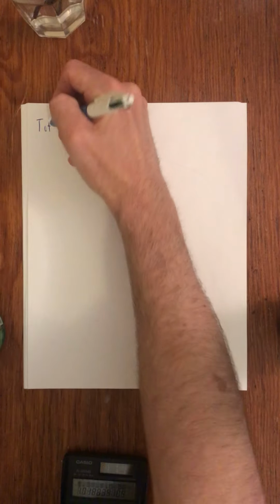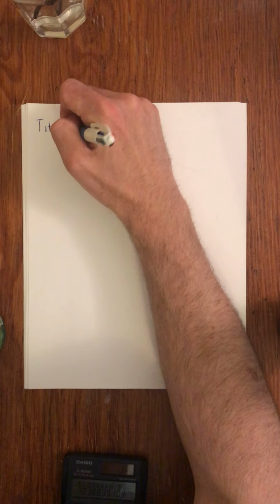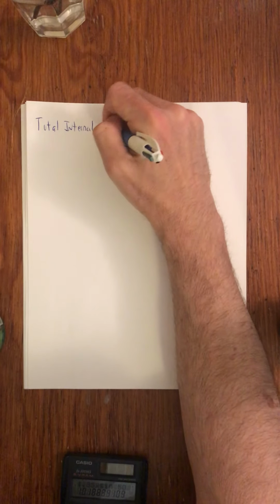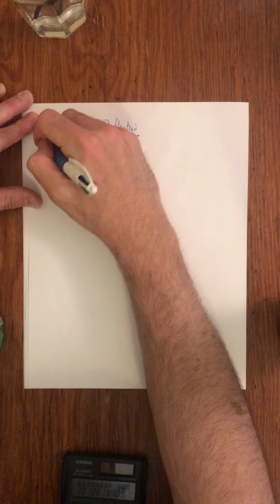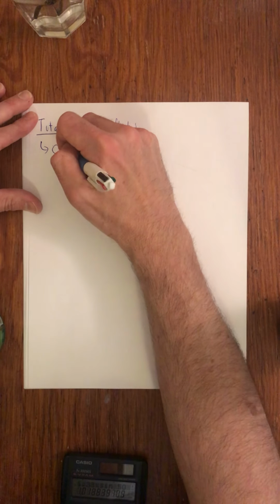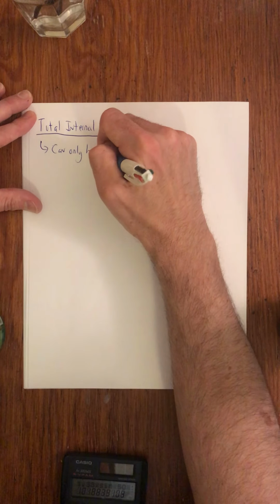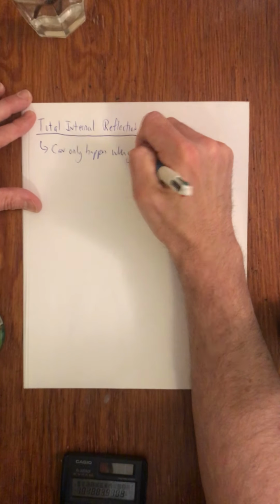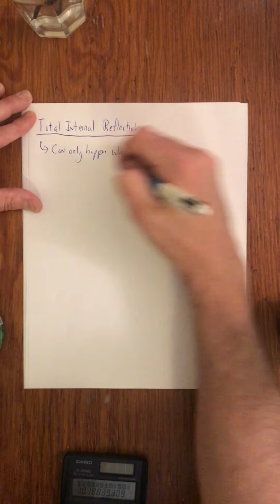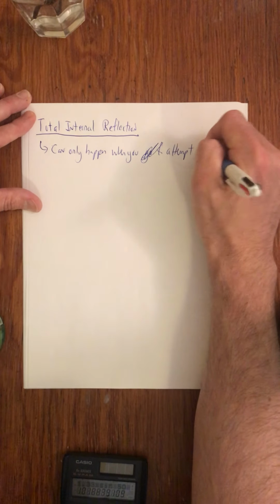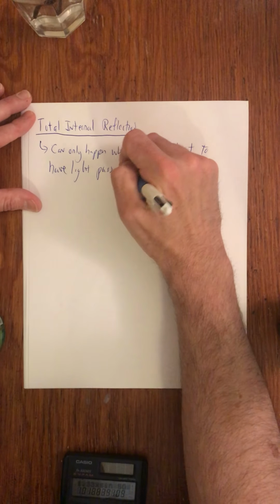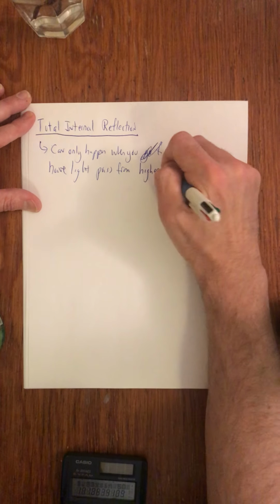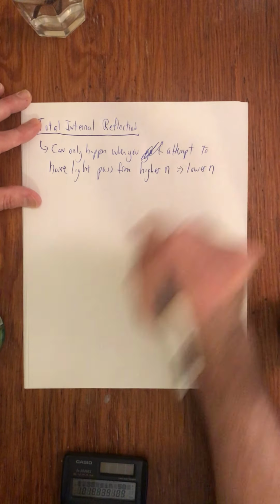This is going to be called total internal reflection. Okay? It doesn't always happen, but it can only happen when you attempt to have light pass from higher n materials to lower n materials, right?